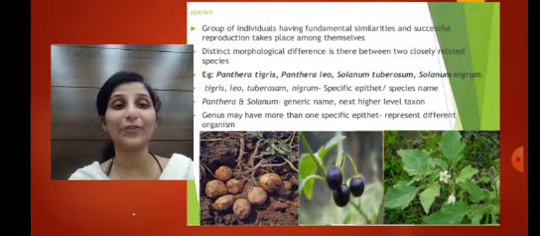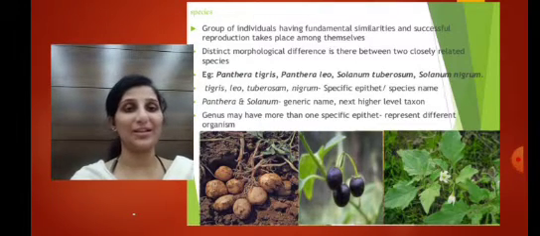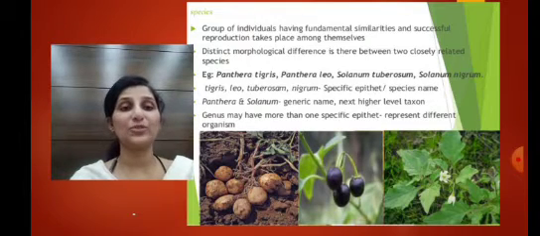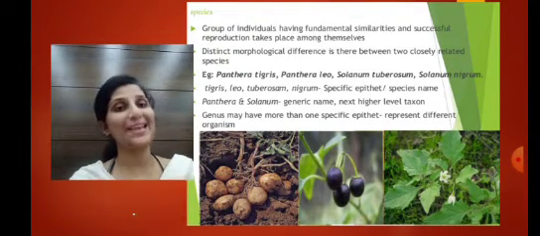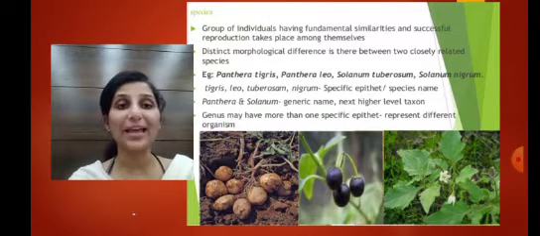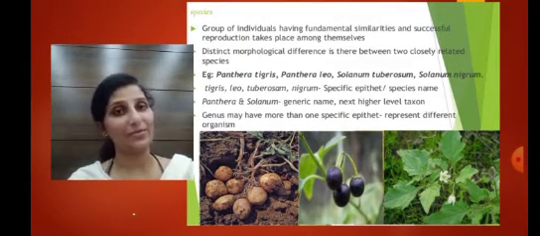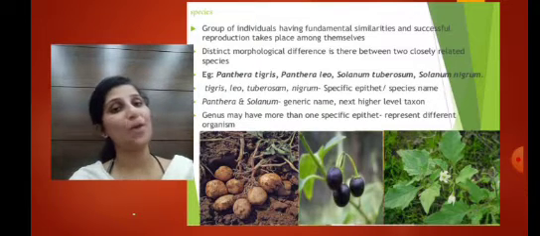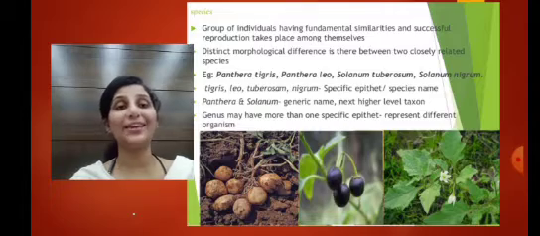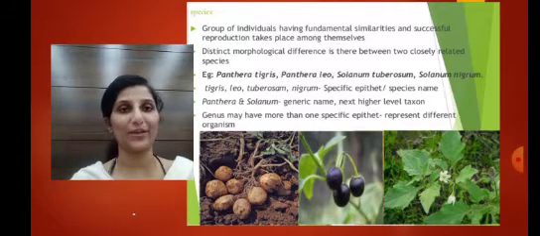All these are different species under the same genus. So that's about species. It is a group of individuals which have the most basic characteristics. All the tigers have the same common characteristics, and all the lions have the same common characteristics. So they form a group within which they mate among each other to produce fertile offspring.